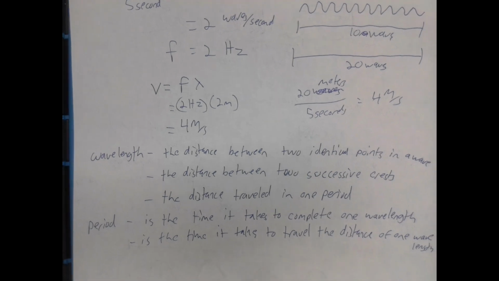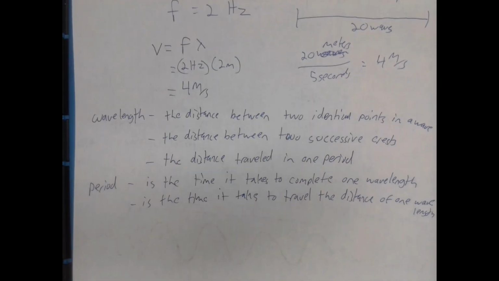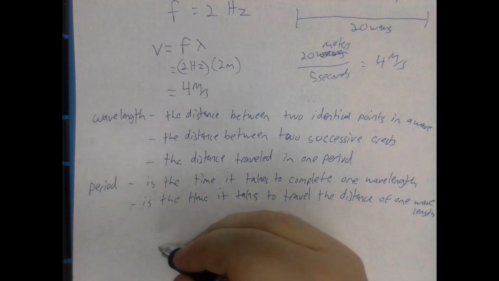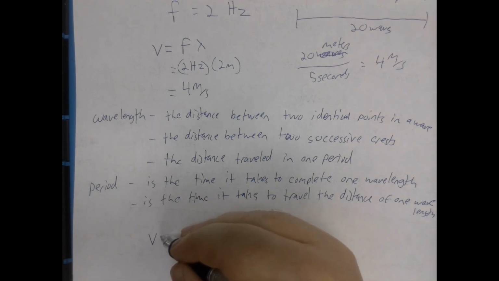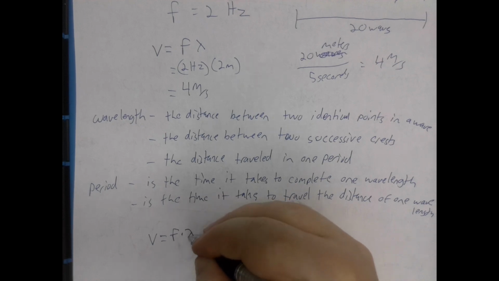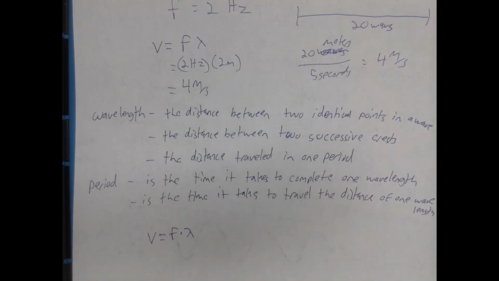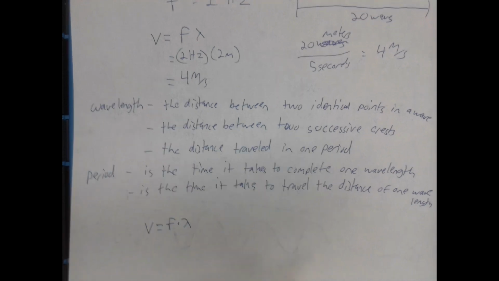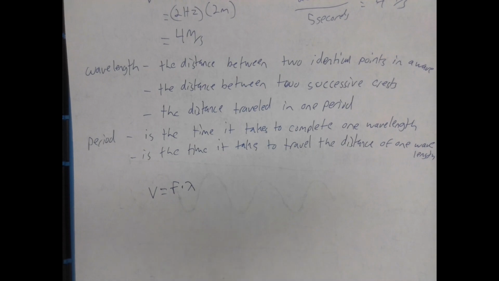So what's the equation for velocity? Velocity is equal to frequency times wavelength. If I wanted to write this using period and wavelength, how could I do it? So what if I wanted to replace F with T?